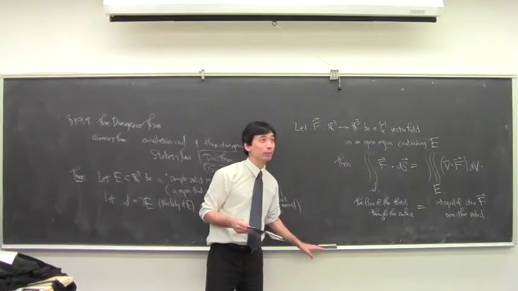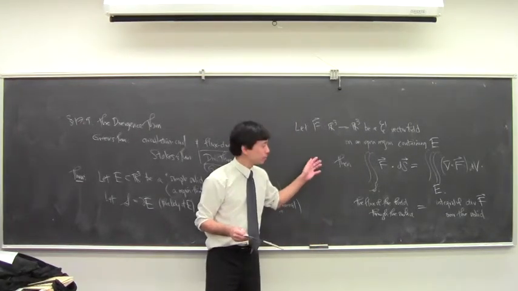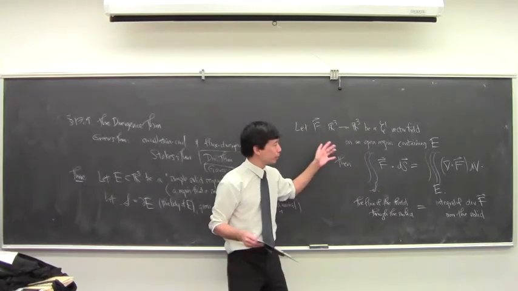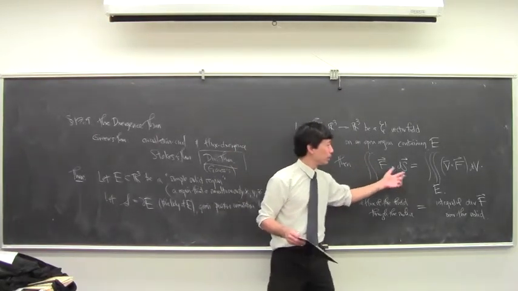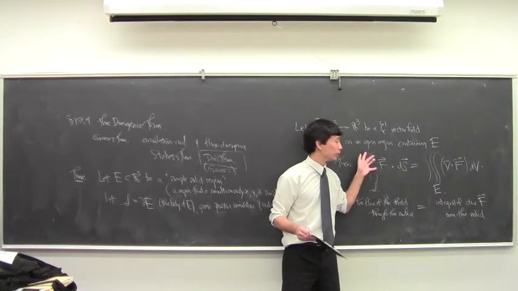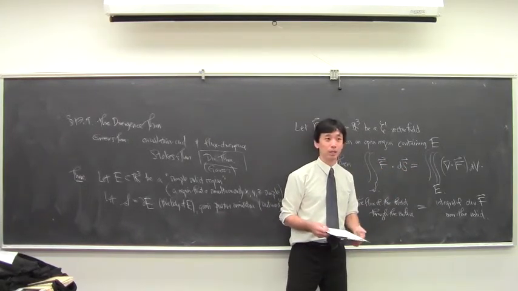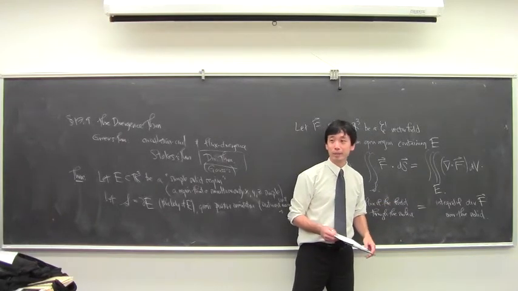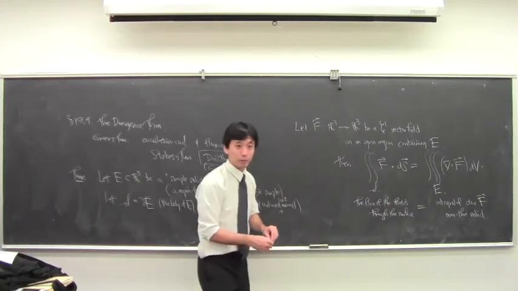Okay. So again, this will be some way of switching integrals over the solid into integrals over the boundary, or vice versa, integrals over the boundary into integrals over the interior. So maybe that's where we'll stop.